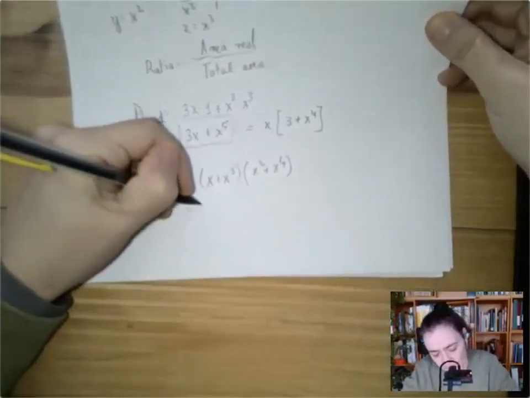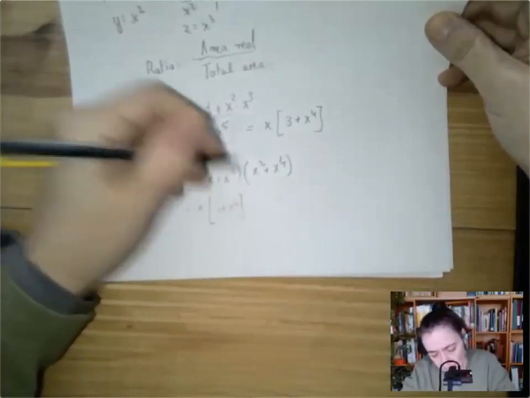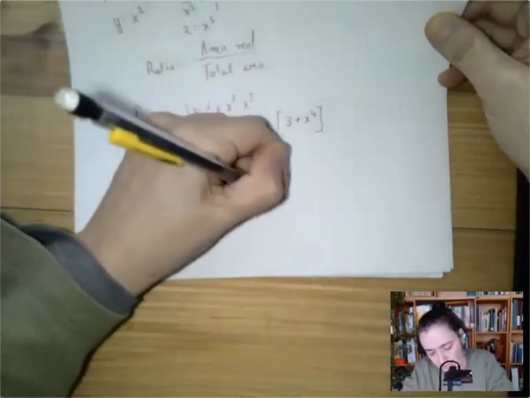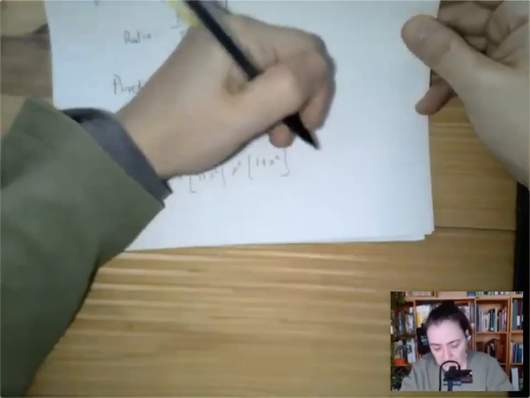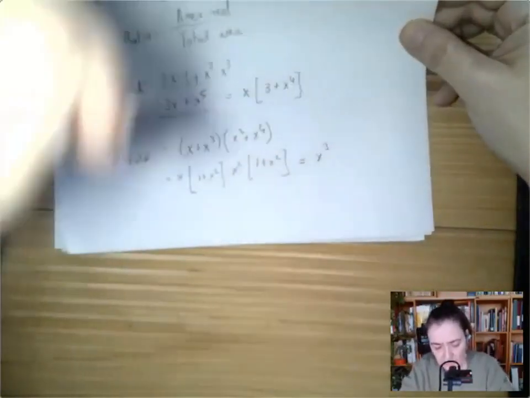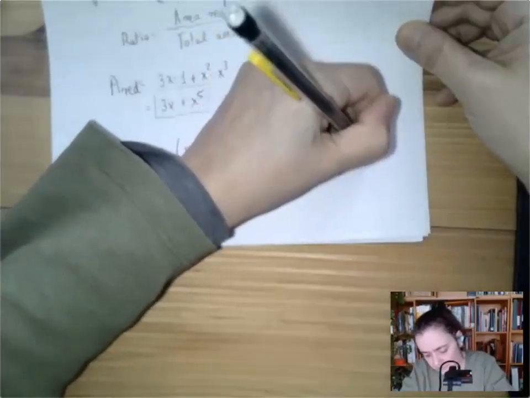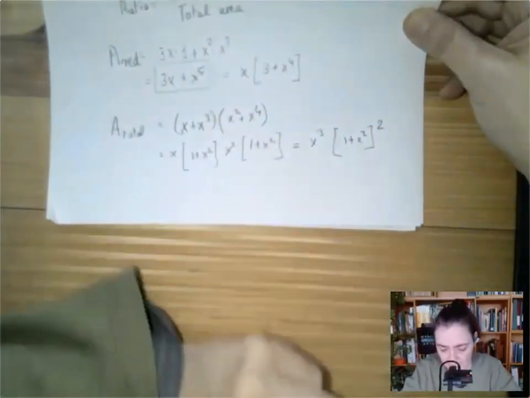From the first one, we can factor out x, and then we get 1 plus x squared. And from the second piece, we can factor out x squared, and we also get 1 plus x squared. So what we have is x cubed times 1 plus x squared. Oh, squared. 1 plus x squared squared, right?